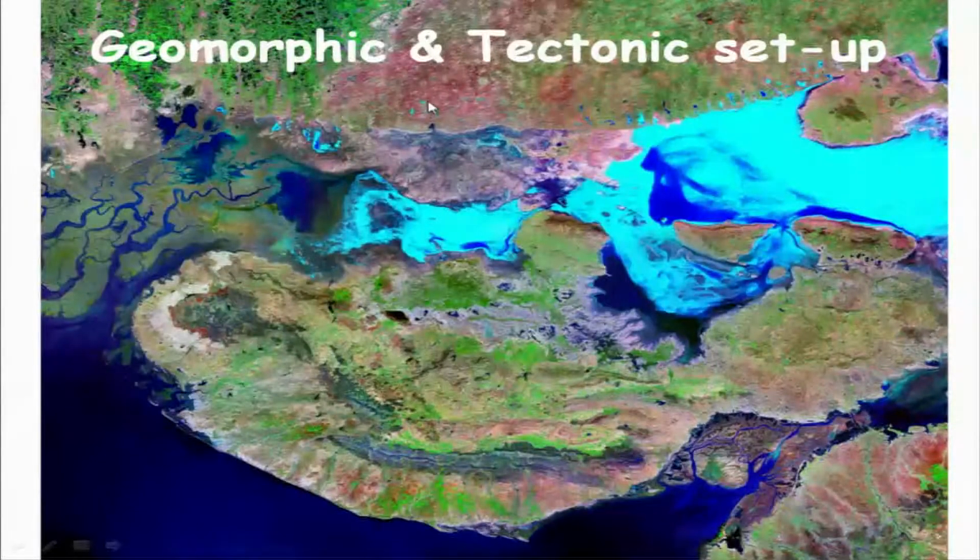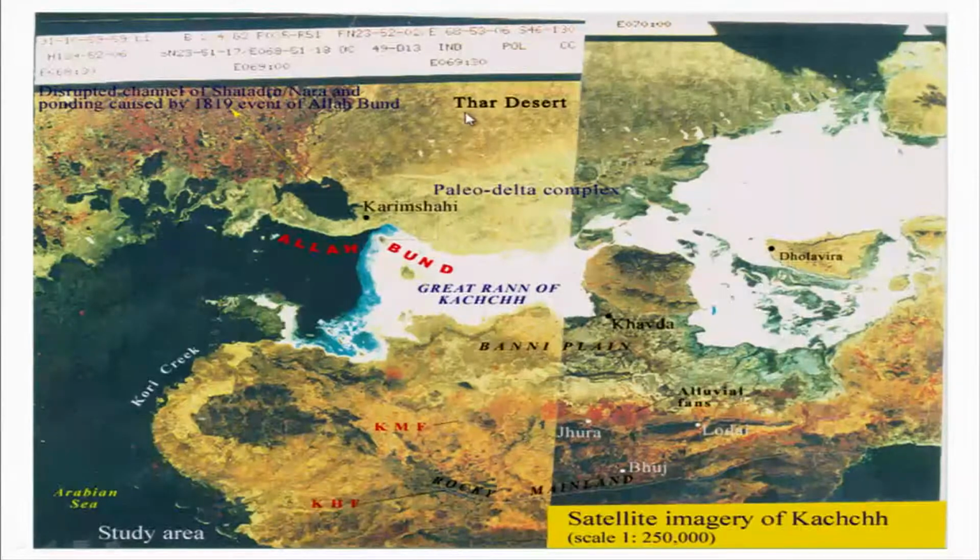So this landscape is the Great Indian Desert, or you can say the Thar Desert. Another photograph of that. This is a satellite image, a false color composite image of the region. So this pattern of the landscape is indicative of desert. That is what we call the Thar Desert.